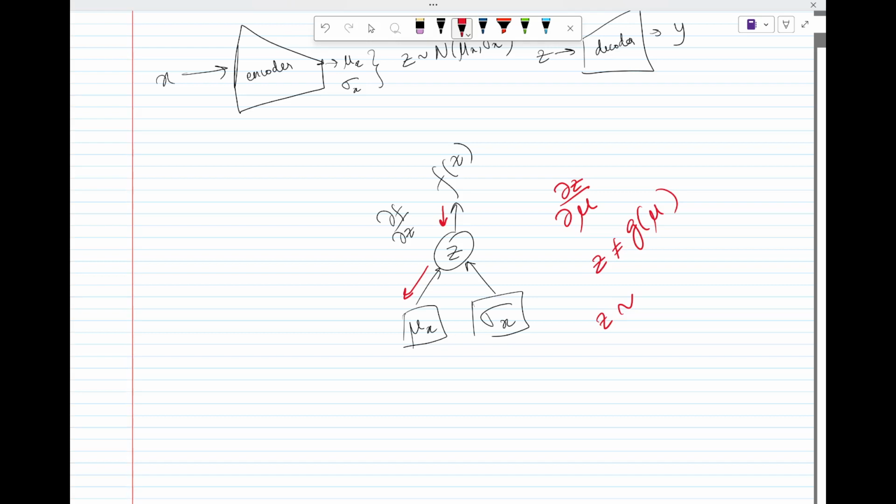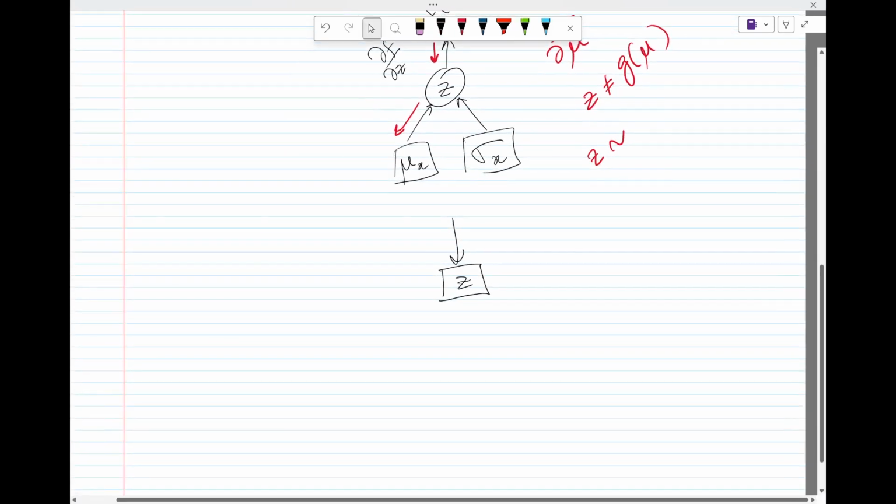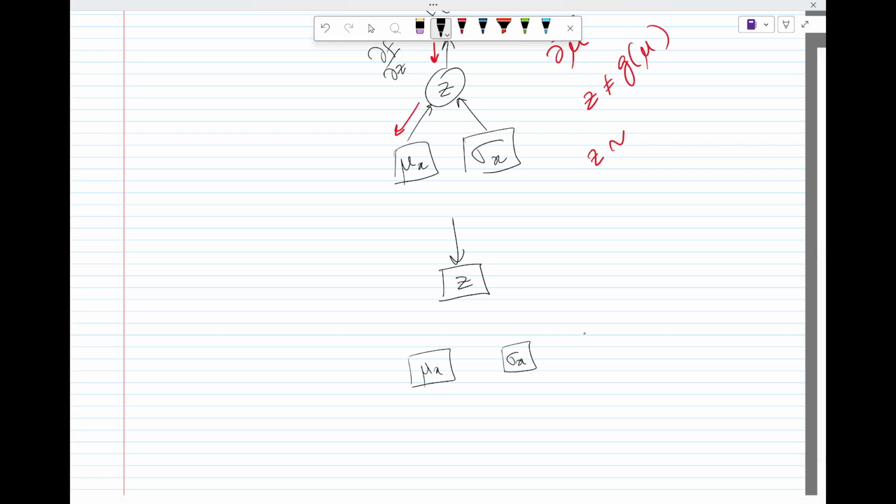So what the reparameterization trick does is, you make your z not a random variable by introducing another random variable epsilon.